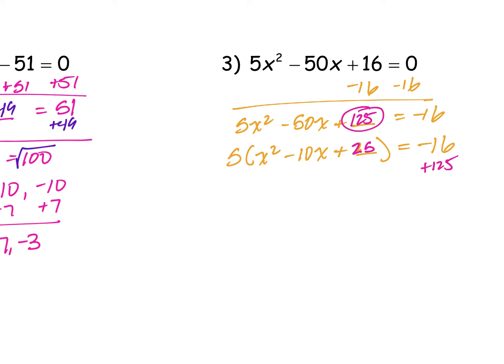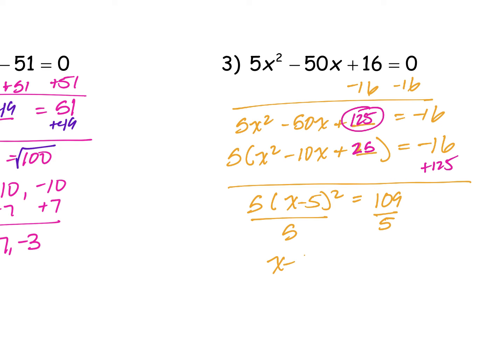So then it becomes, let's see, what do I get? 5 times x minus 5 squared equals 109. I can't figure it out right now. Divide by 5. So x minus 5 squared equals 109 divided by 5.